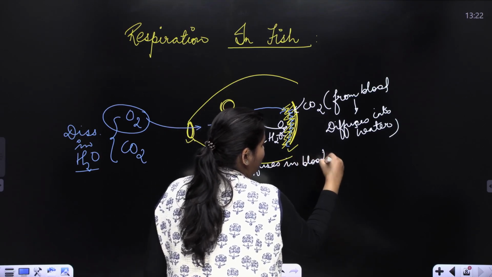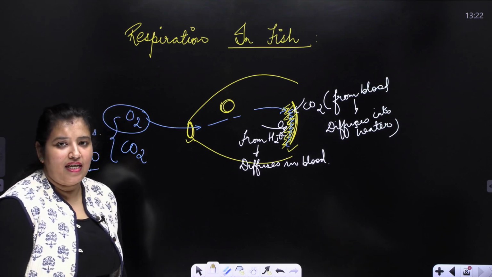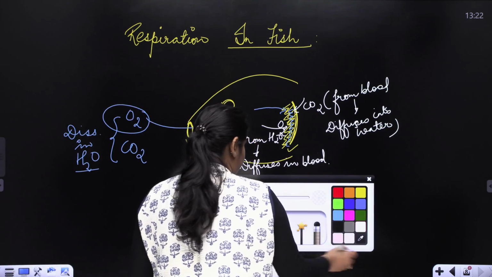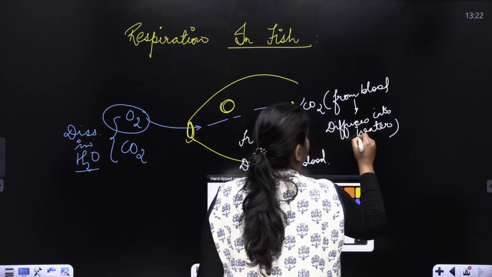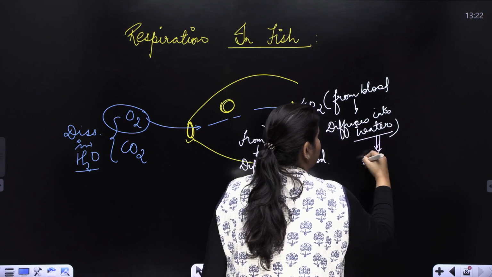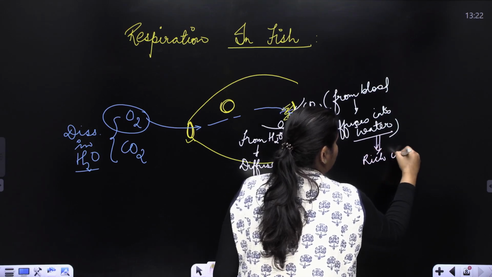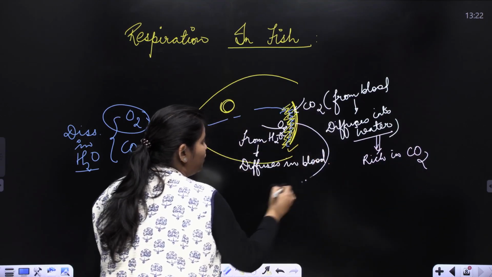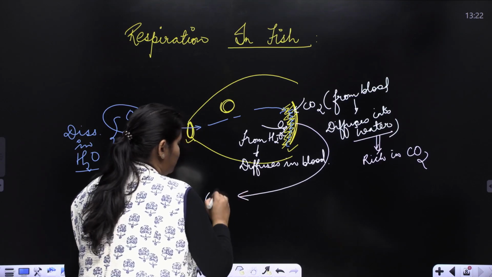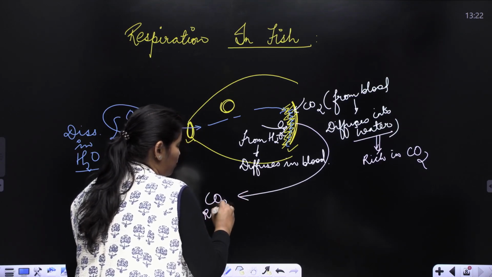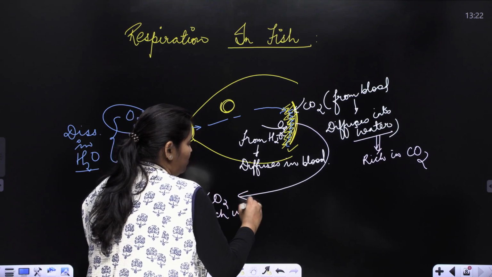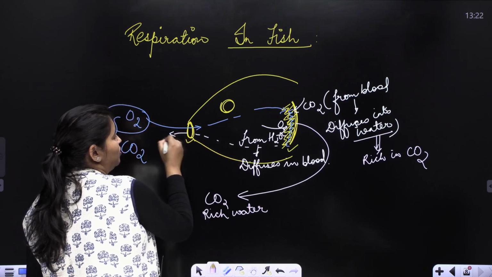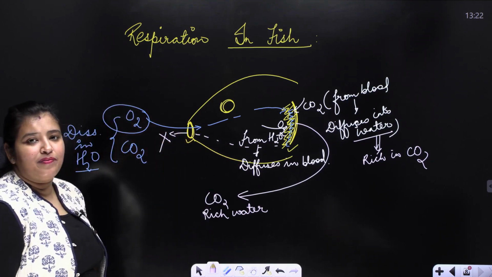All right, that means the gaseous exchange has taken place. Now, the water is now rich in carbon dioxide. So this water is given out from here, that is CO2 rich water. Please remember, it does not come back from this path.